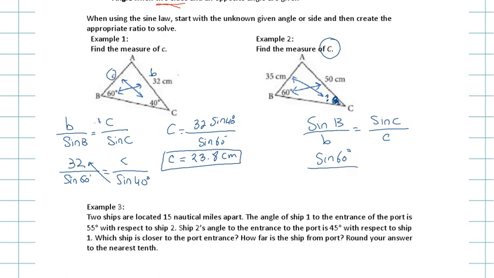Do I know angle C? No. What's side C? 35. Same idea: cross multiply. Half cross multiply. You're just going one direction.